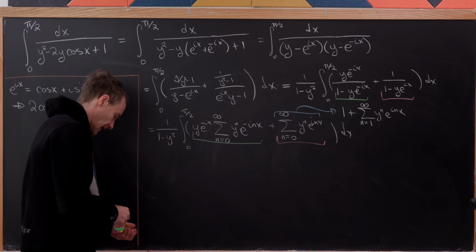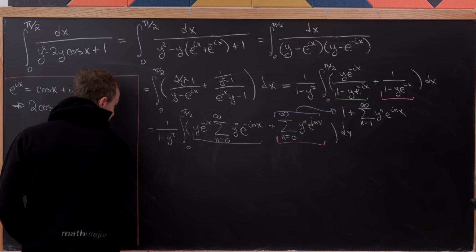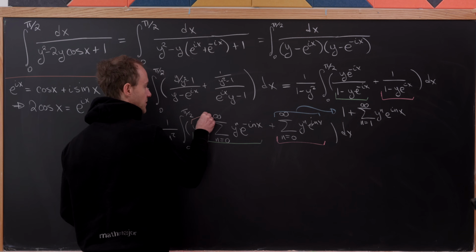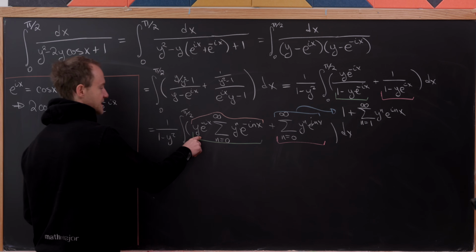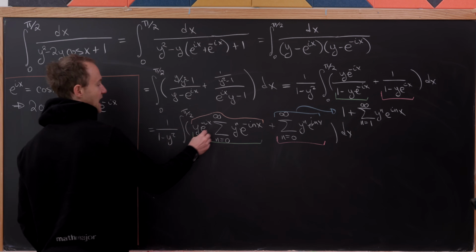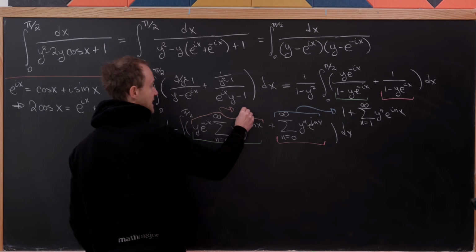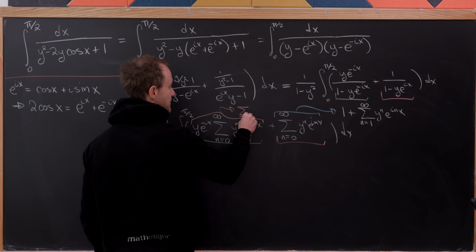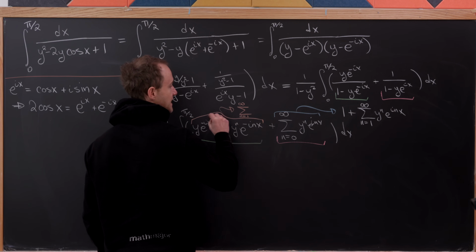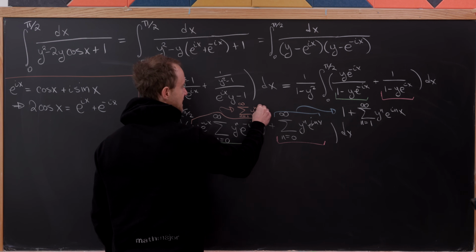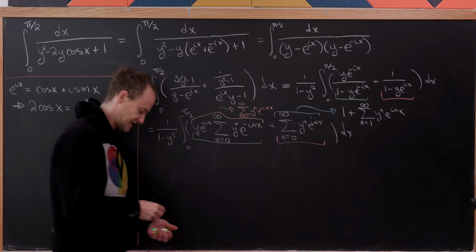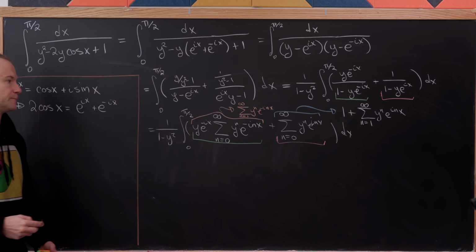Great. And then likewise, we can take this first term and multiply this y times e to the minus ix inside and then re-index to get the sum as n goes from 1 to infinity of y to the n e to the minus inx, where I just did a bit of re-indexing there.